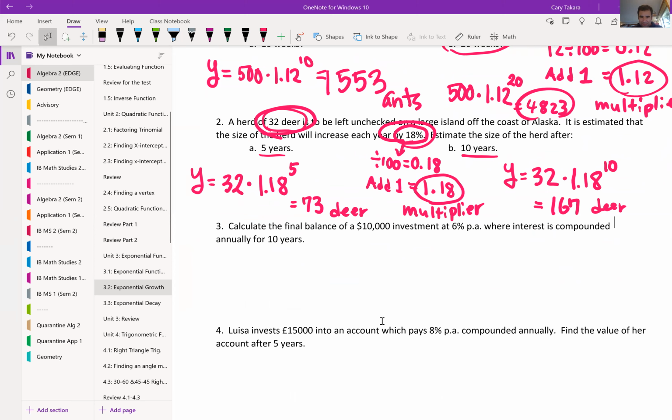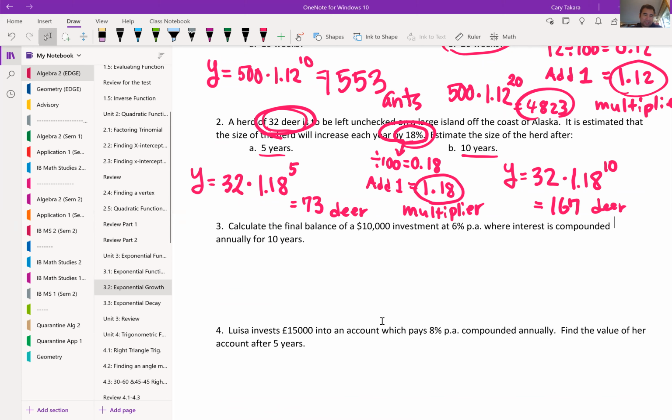Now, here is the financial portion of it. We will talk about this a little bit more after we come back, but here's a simple application of it.